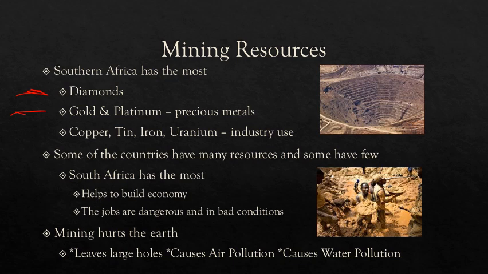Okay, and then also other metals and minerals that are used in industry, that are used in factories to make other things. Things like copper, tin, iron, uranium are all important resources that are mined in parts of Africa. And again, the southern part has the most.